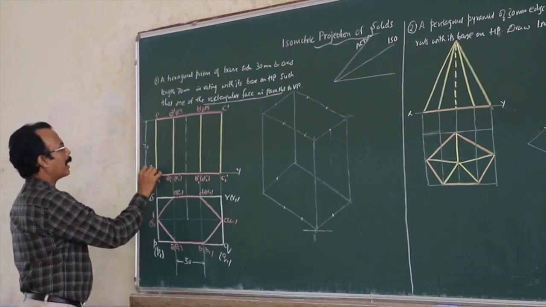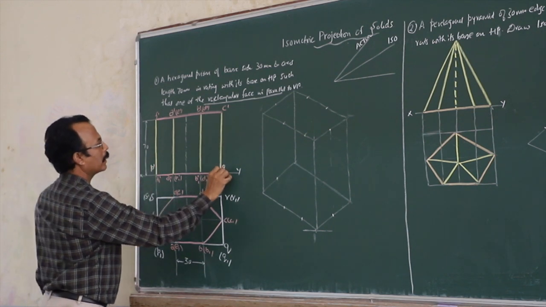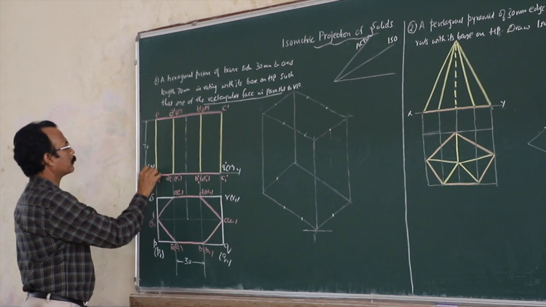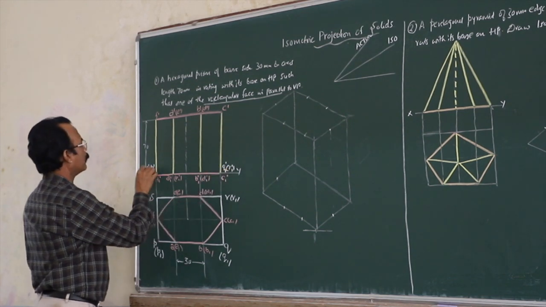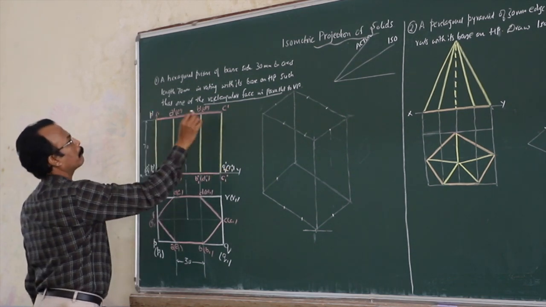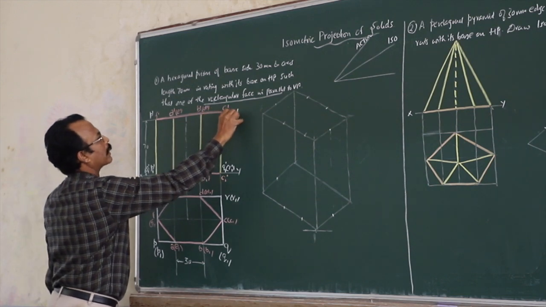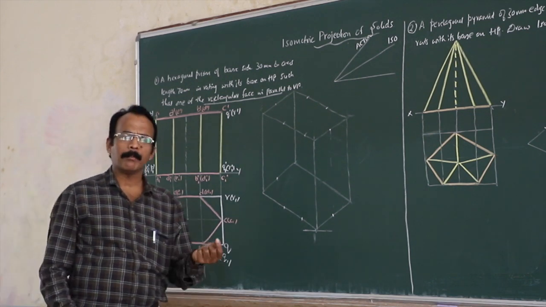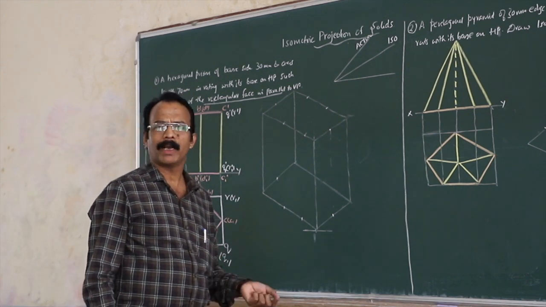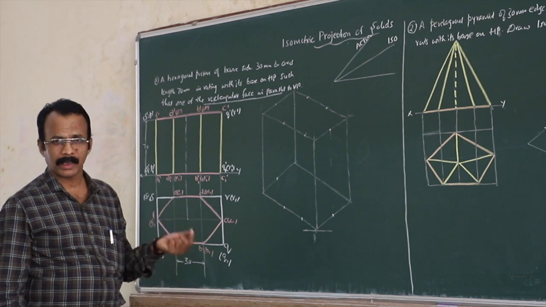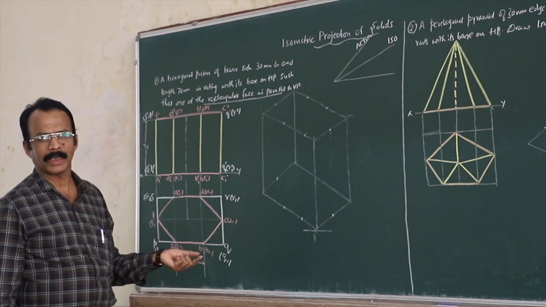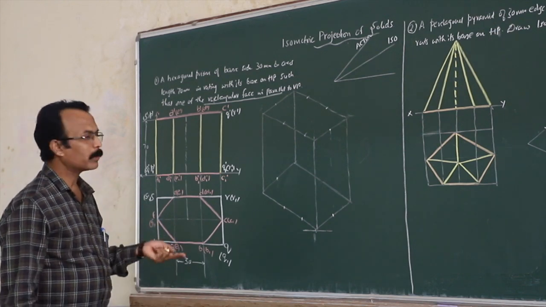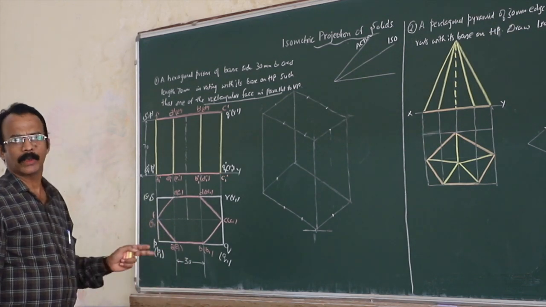Similarly, you can mark P dash, Q dash, R dash and S dash. Now, the naming may or may not be done, but in the beginning when we are learning, it is always better to do the naming so that we will understand. Once we become thorough, even if you do not do the naming, it is okay.